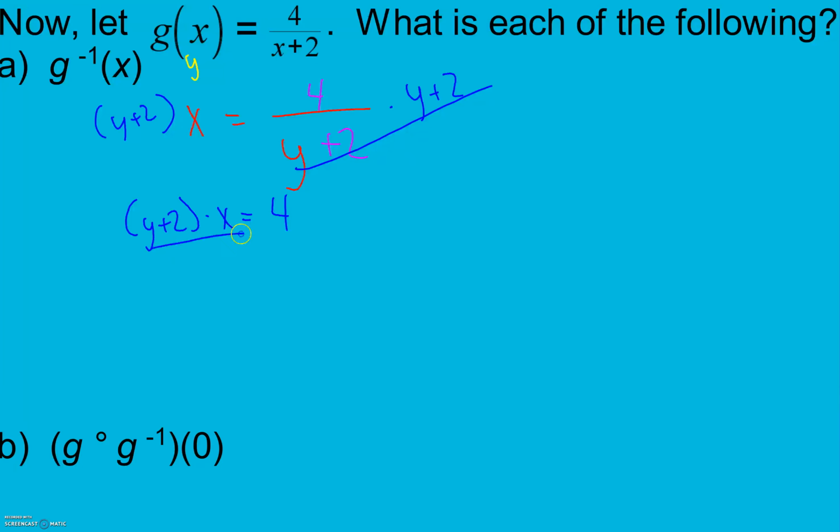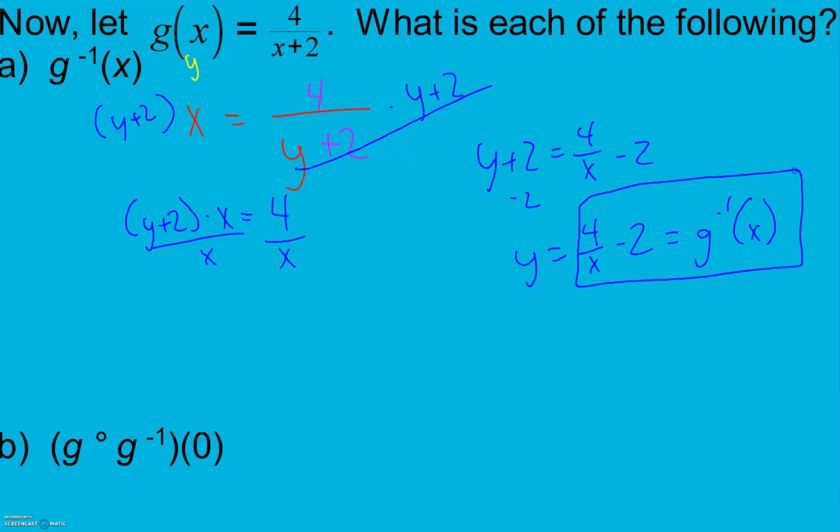I'm going to get rid of my multiplication by dividing. I'm going to get rid of my addition by subtraction. Another way I can write this is my inverse function there, inverse of g.